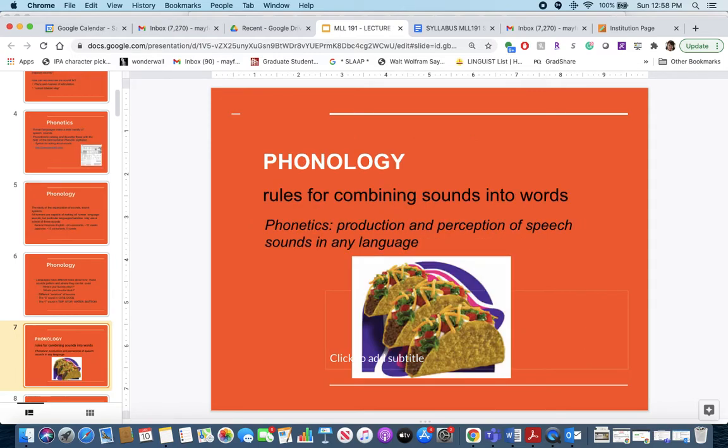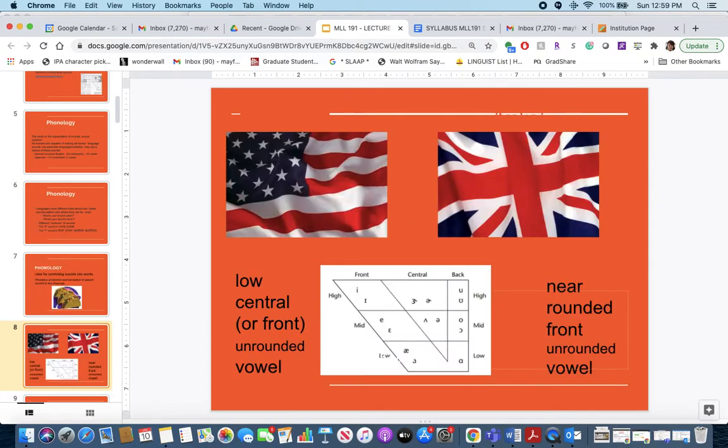So phonology also concerns the rules of combining sounds into words. So, for example, what is this picture here? I'm sure all of you are familiar with the Baja Blast. It is a photo of the acclaimed fast food restaurant, Taco Bell, right? But even the word taco is pronounced very differently.